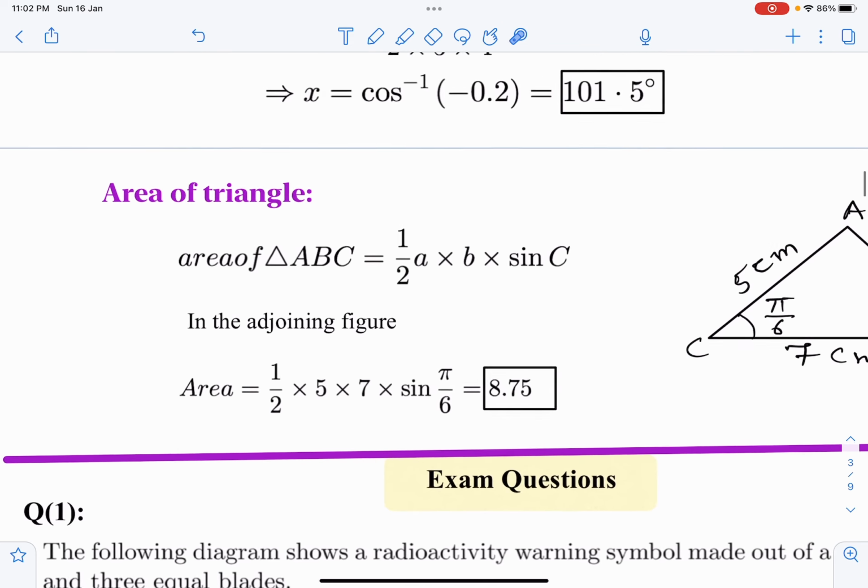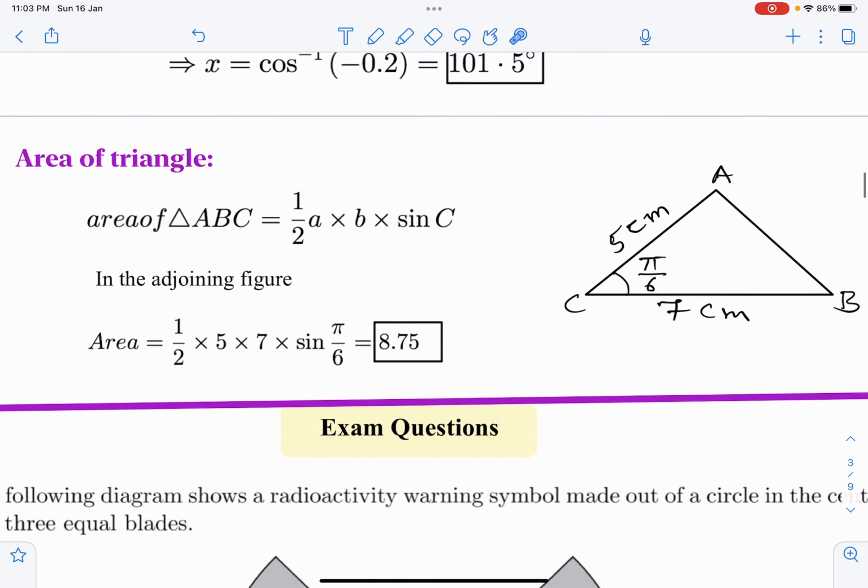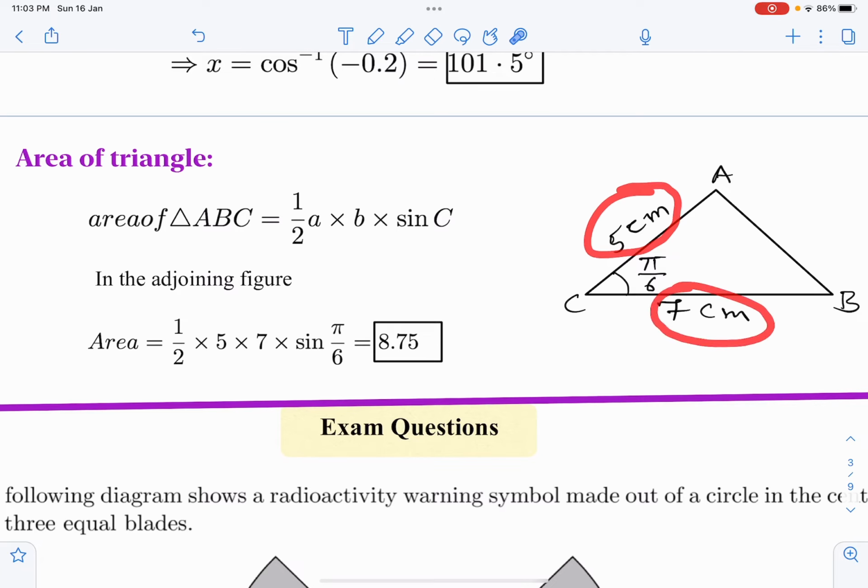Okay, area of triangle. How to find area of triangle when it is not a right angle triangle? Okay, so in that case also, remember that two sides and included angle should be there. If you have two known sides and the angle between them is also known, then you can find the area of this triangle. Now what is the formula to find the area of that triangle?